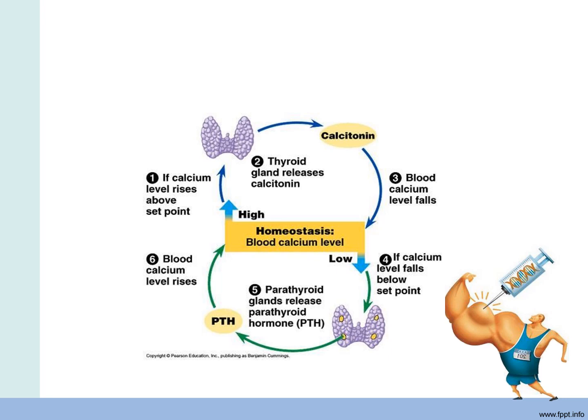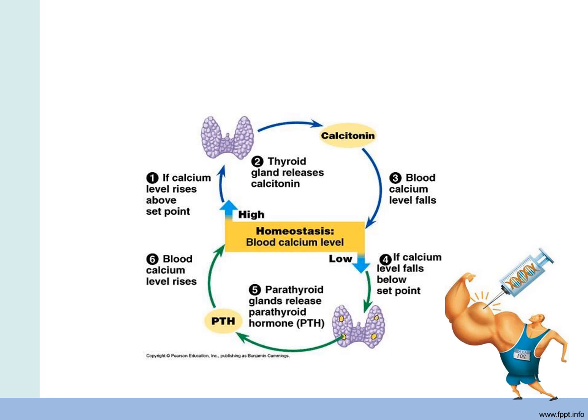Calcitonin then helps the blood calcium level fall and returns it to normal levels. However, if our calcium levels start to fall too low, our parathyroid is activated and releases a parathyroid hormone, which helps blood calcium levels rise, again bringing it back to the homeostasis of our blood calcium levels.